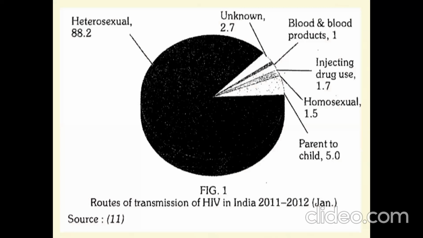And these are the routes of transmission of HIV in India in 2011-12. So 1% are due to blood and blood products, 1.7% are due to injecting drug use, 1.5% homosexual, 5% parent to child, 2.7% unknown. And the large part, that is 88.2%, are heterosexual causes. So these are the routes of transmission.